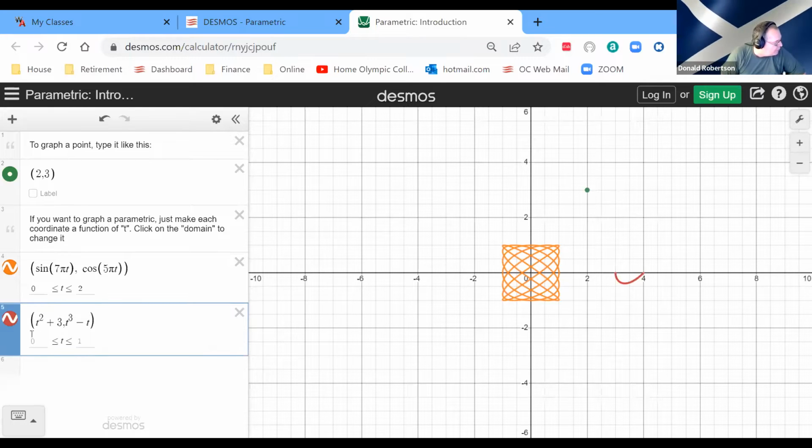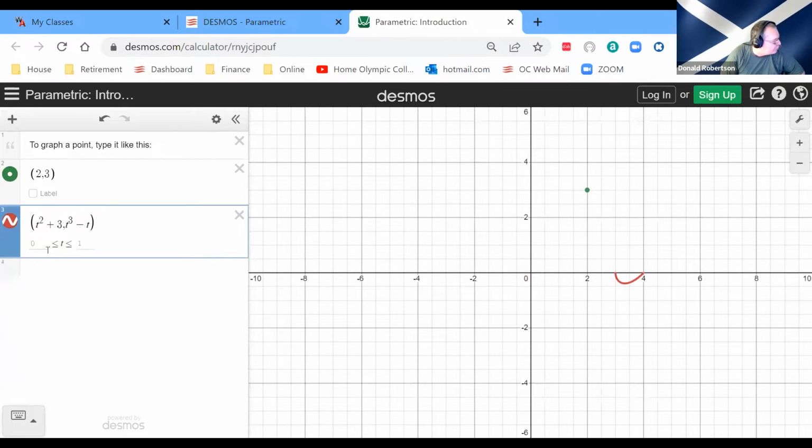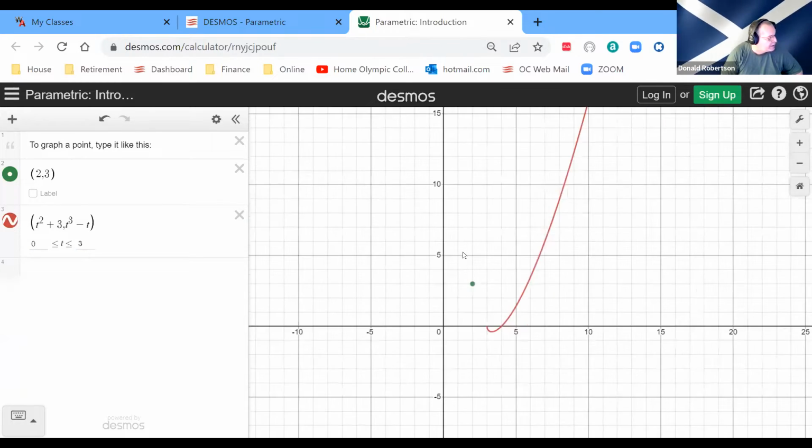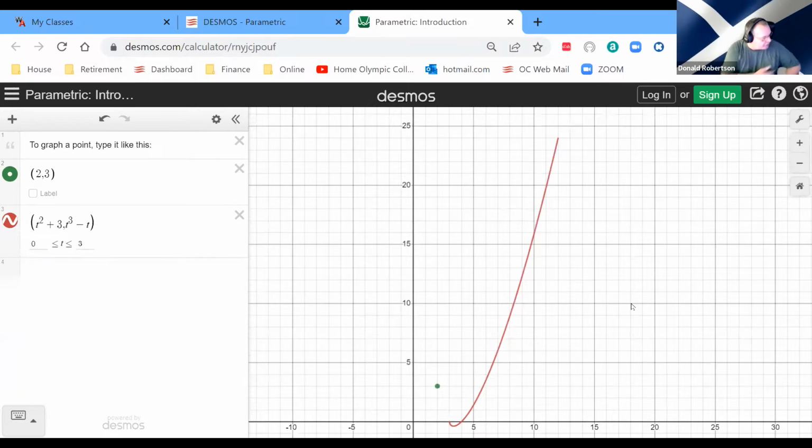It's not uncommon that you would draw your parametric from t equals 0 to t equals, let's say, 3. And there you go. If I shrink this back a little bit. Would you agree that looks very like the one I drew? Maybe a little bit better scale, but that's how you draw it. That guy there, if you want to plot a single point, is a coordinate.